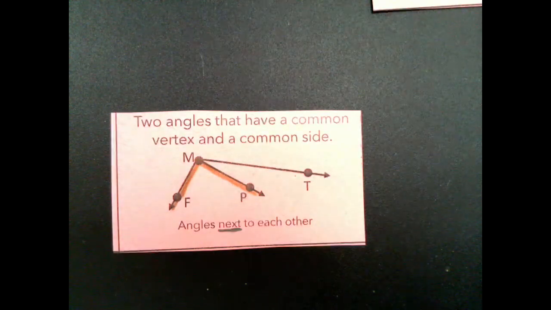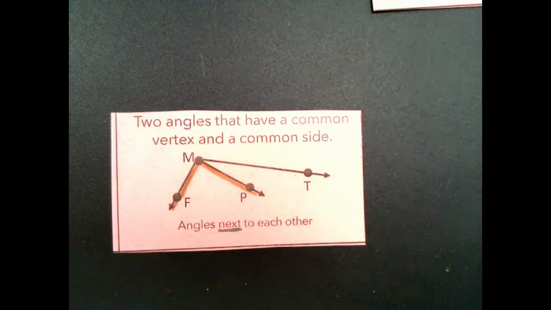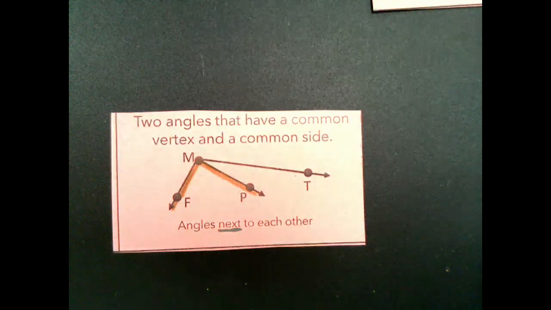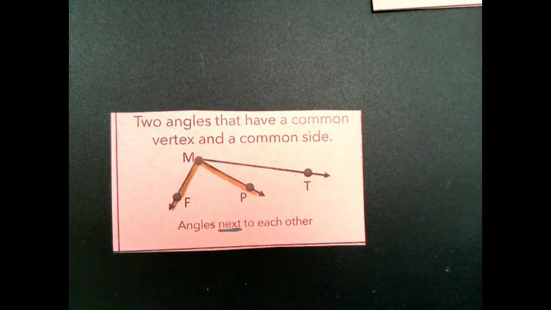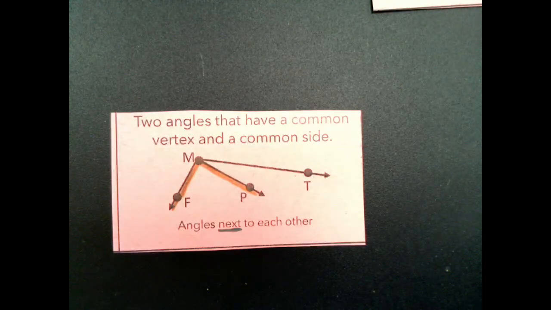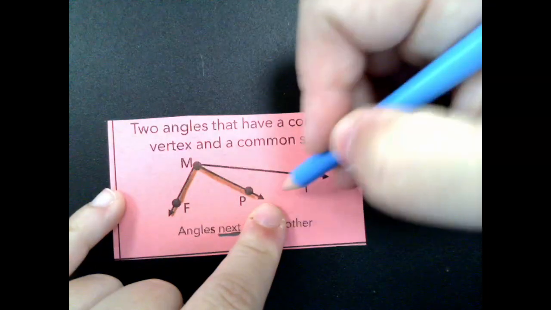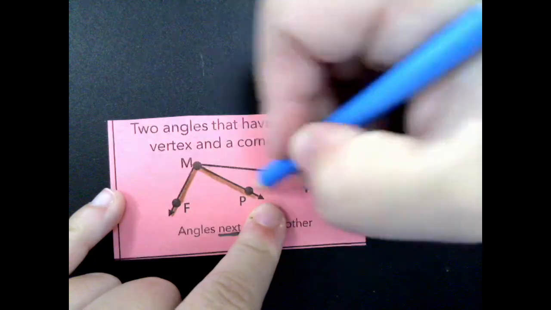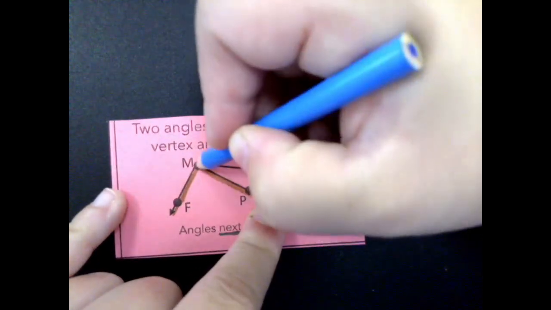And then we want them to share a side. It's almost like they're next door to each other. So what would be our angle that's next door to FMP? P. Yeah, good. TMP or PMT, yeah.